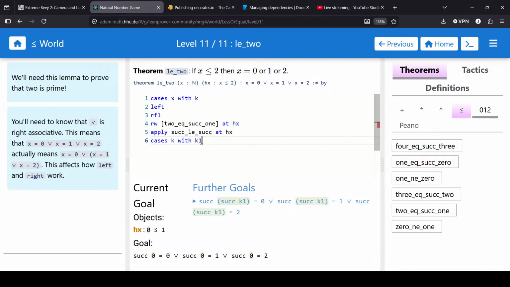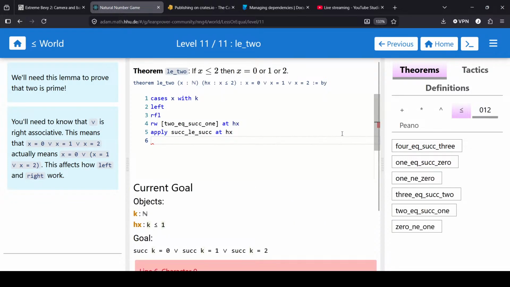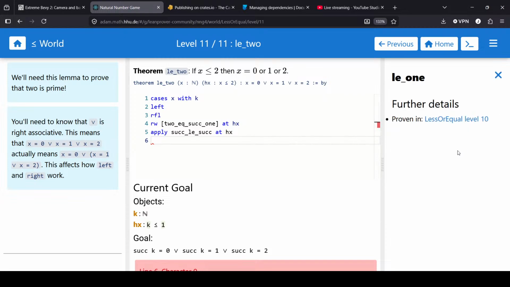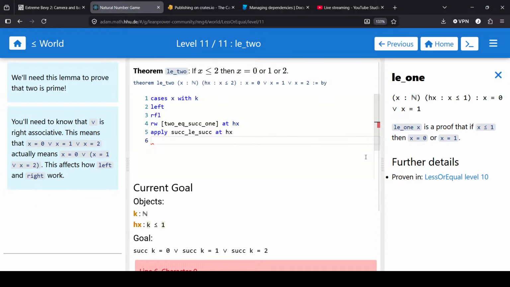actually, do I need to do that? Or can I? Because I unlocked a thing recently, right? I can use this, right? Yeah, okay, hold on. So I have k less than or equal to 1, yes. And then I can prove x equals 0 or x equals 1.